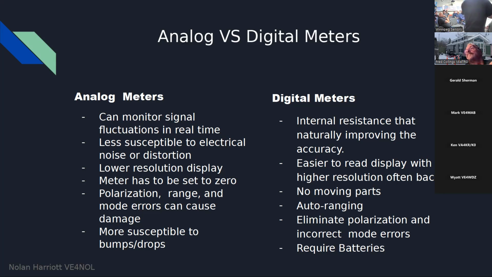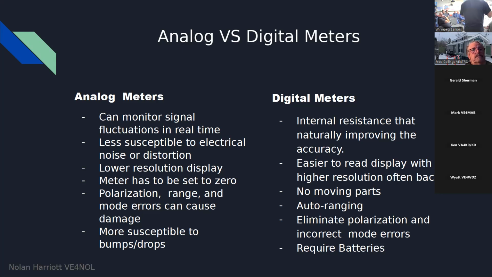Digital meters have internal resistance that naturally improves the accuracy. So, again, like I was saying before, a digital voltmeter is going to have a much higher resistance because you're putting that in parallel, which is going to give you a more accurate reading.